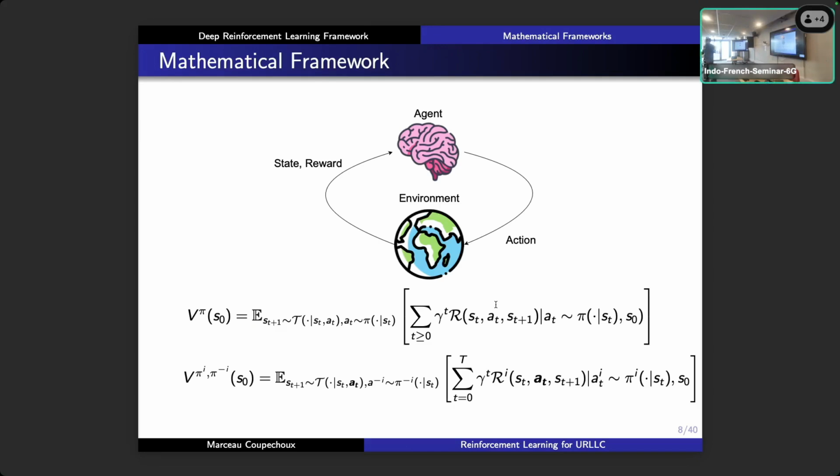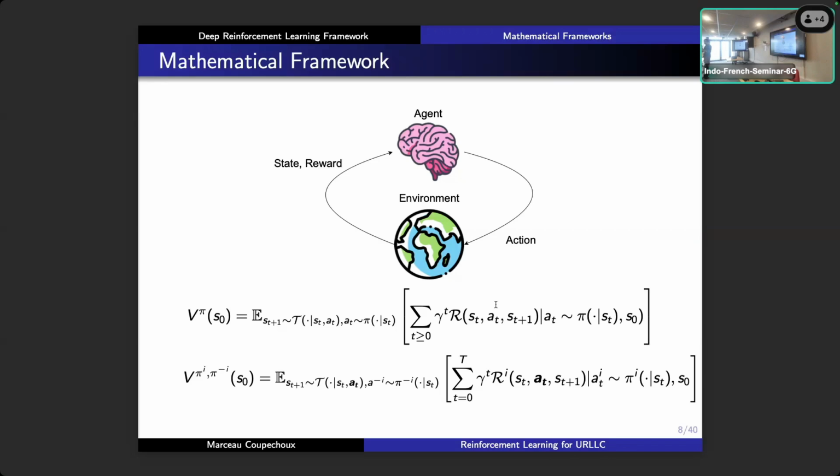Markovian policies depend only on the state where you are, and policies can be stochastic, meaning you take a decision with a certain probability, or deterministic, meaning that for every state you have a single action. There are classical techniques like value iteration and policy iteration to find pi.